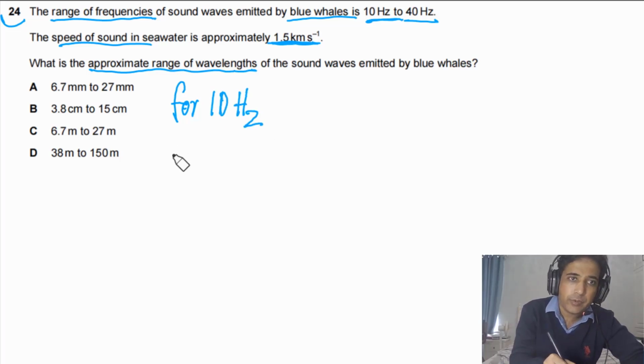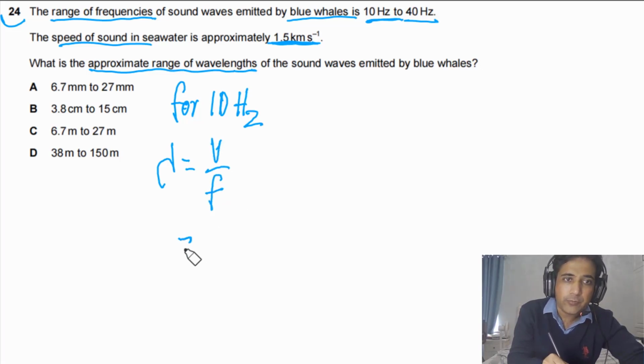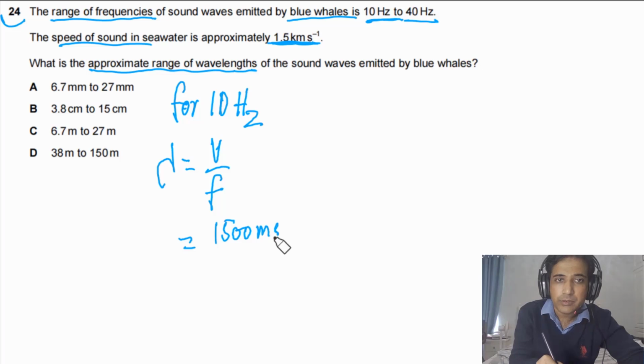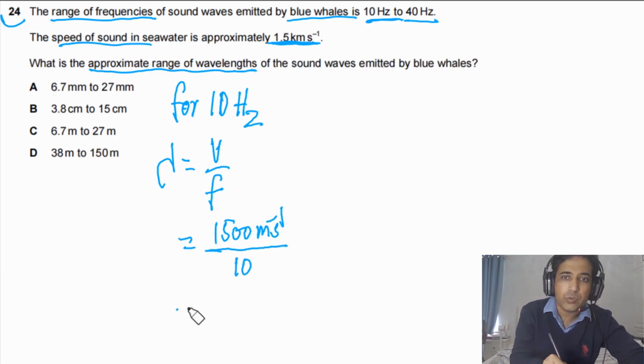For 10 Hz frequency, we can find the value of lambda, which is equal to V divided by F. The value of V we have is 1.5 kilometers, which is 1500 meters per second, divided by 10. So we will get 150 meters.